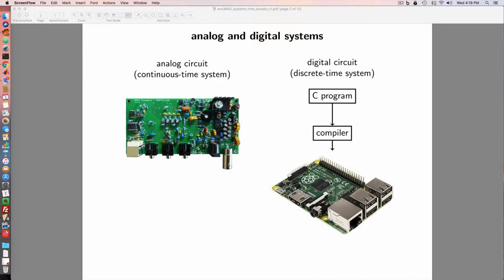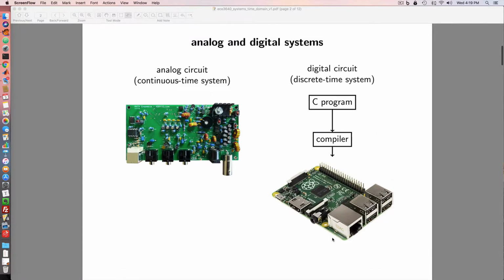So anyway, this is the pipeline that you can think about when you're thinking about discrete time systems. They're systems that can be implemented on a computer, a microprocessor, or maybe in an FPGA, or even an application-specific integrated circuit. But the point is that you have the full flexibility of programs and programming languages at your disposal in discrete time systems.